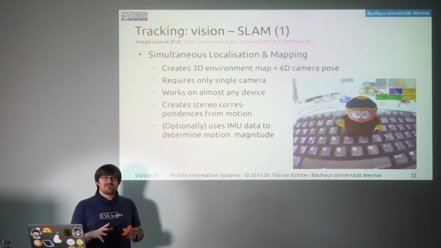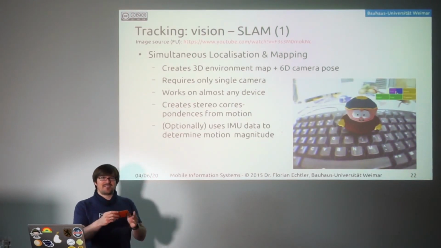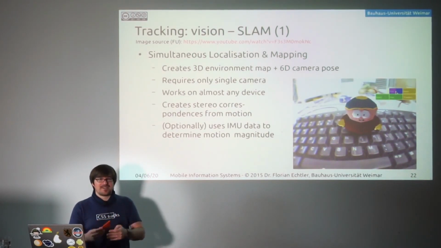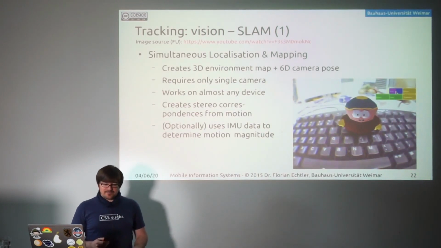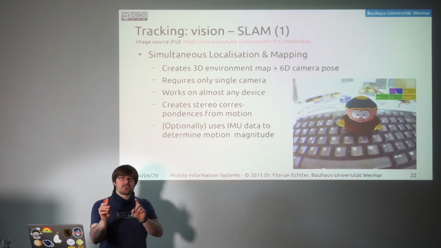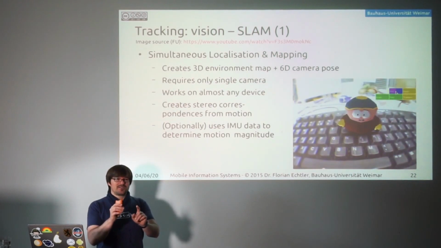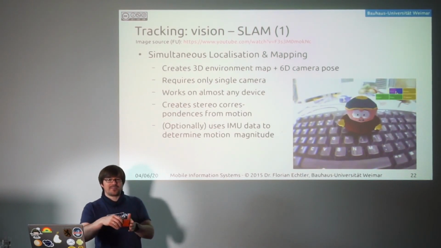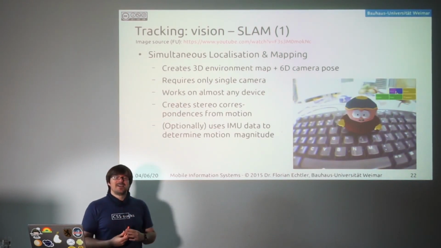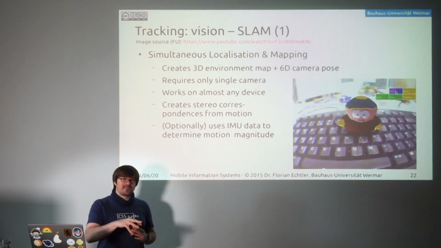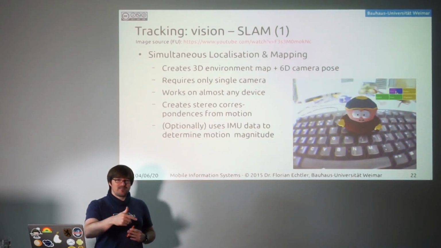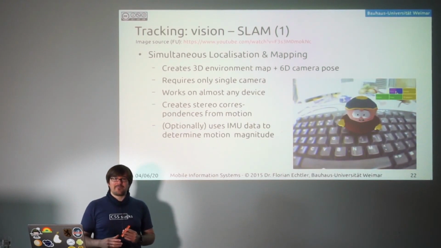The basic idea here is, again, that I actually have these stereo correspondences for subsequent images. So if I move my device slightly, then the camera view will also move slightly. And then I can match points between these two images. And if I know by how much my device has moved approximately, then I can put that data together to create 3D points and collect them in a map over time.